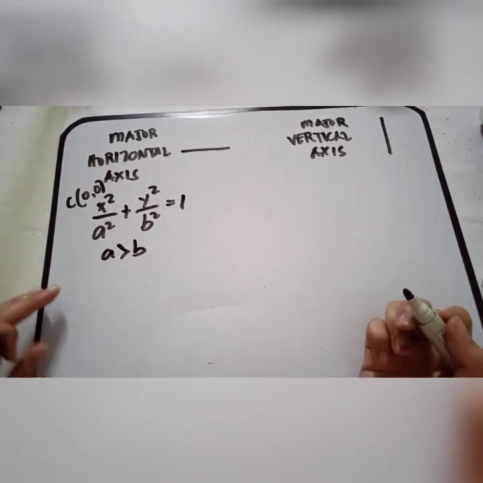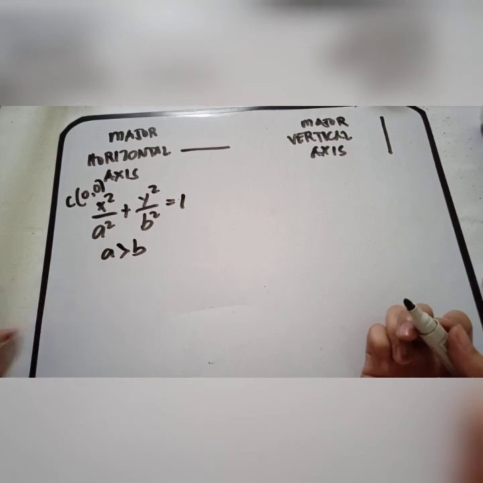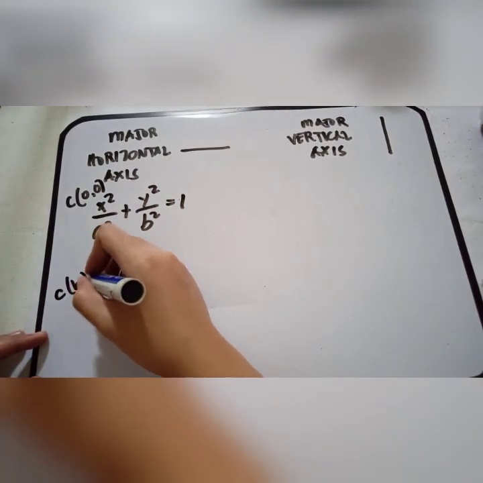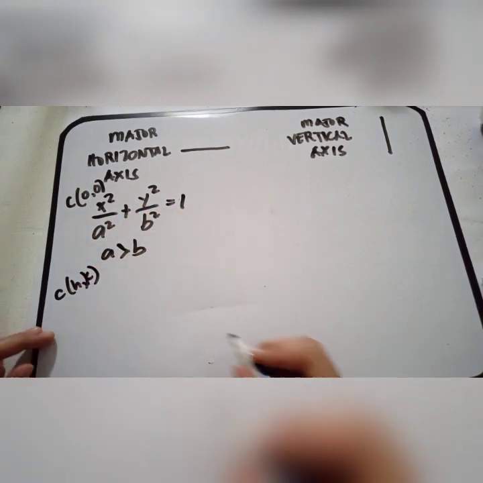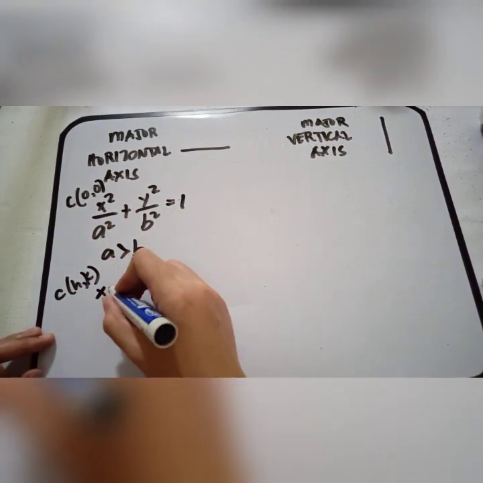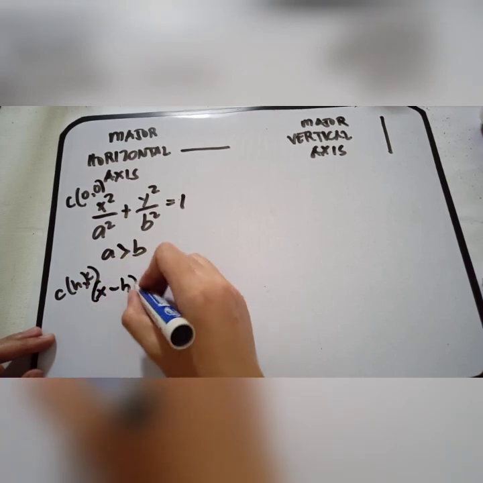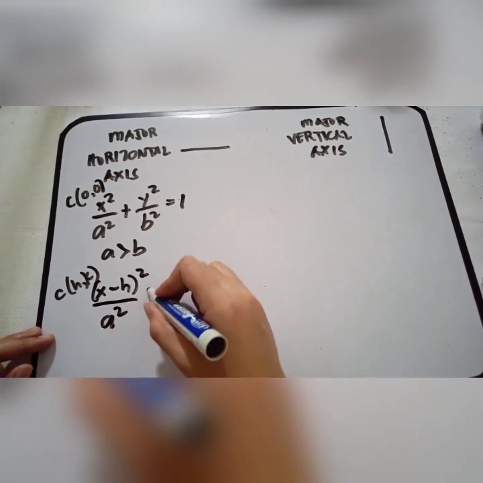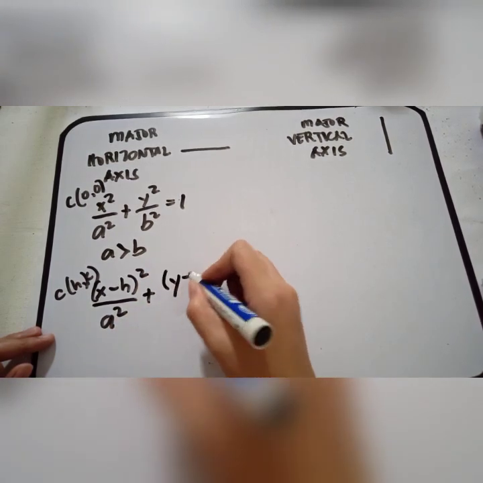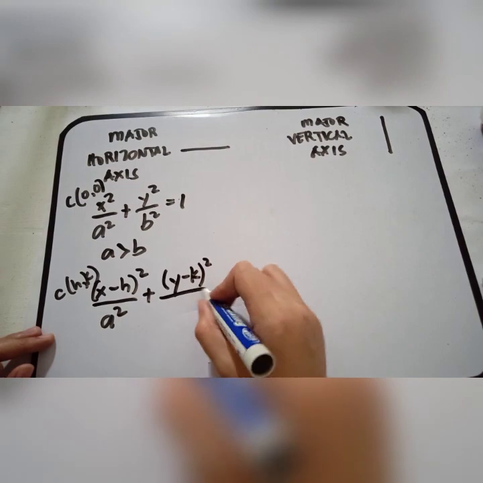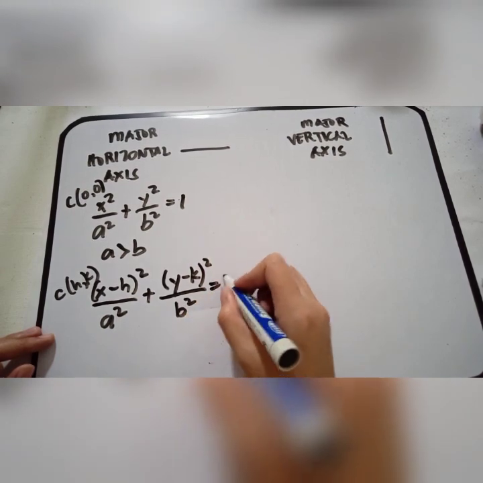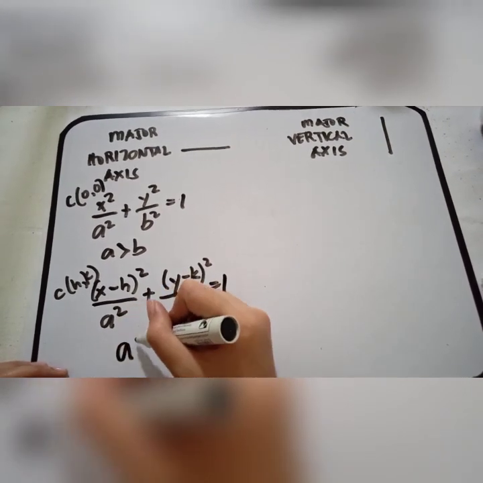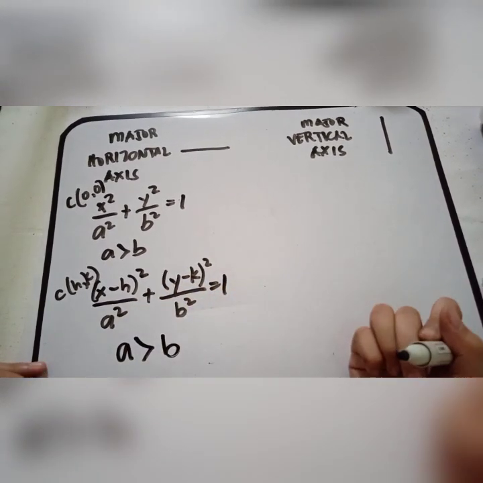Okay, how about if the center is not located in the origin? Just say the center is h comma k. So the equation we're going to use is x minus h squared over a squared plus y minus k squared over b squared is equals to 1, where a is greater than b.